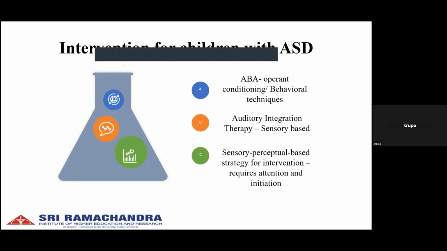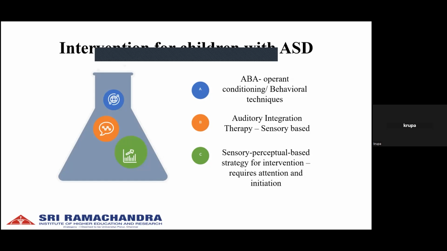There are also sensory based therapies which concentrate on one particular sensation, for example auditory integration therapy or vision therapy. But sensory perceptual strategies for intervention require attention, and there is not greater initiation for that, because it is not related to one particular sense.